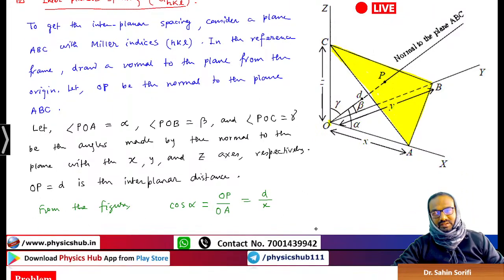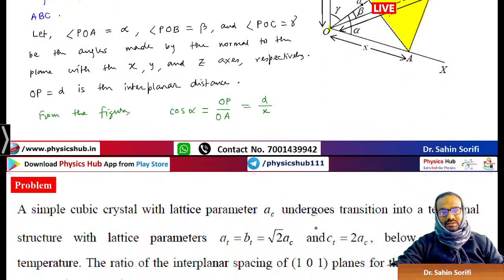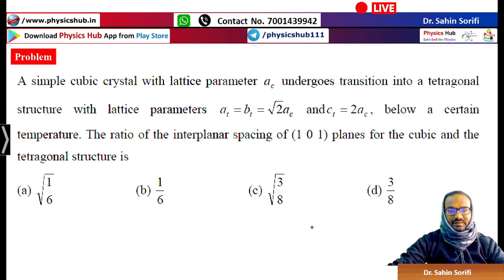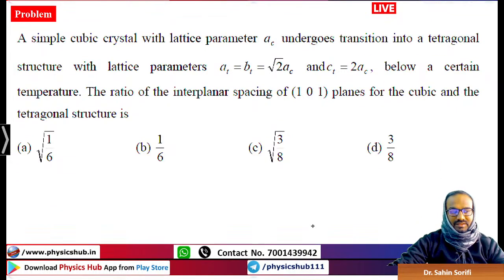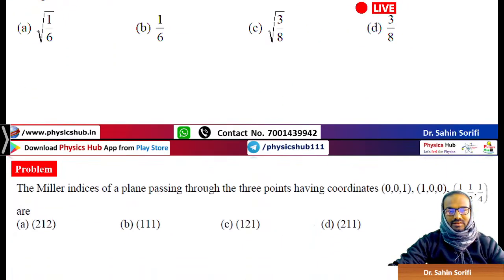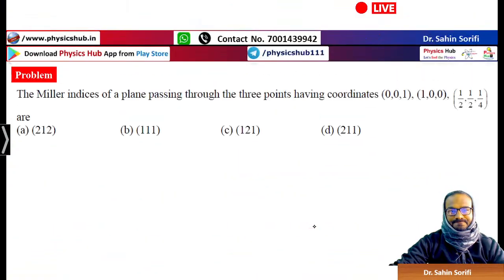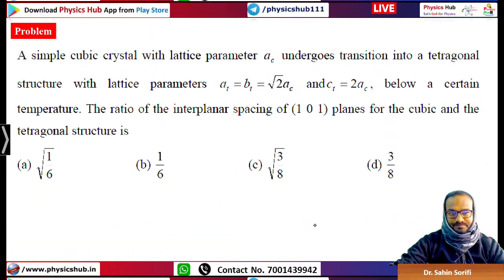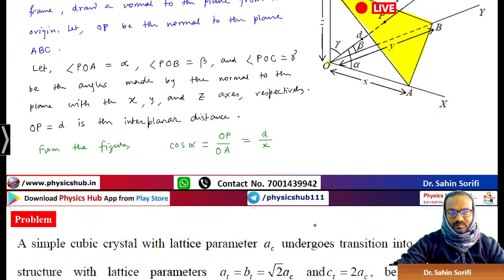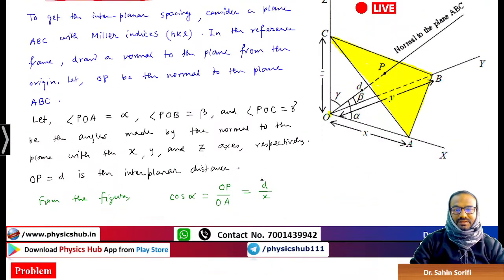In a similar manner, we can write, okay, some pages should have been kept here, but somehow I did not keep. Okay, let's write a little bit here. What about cos beta?